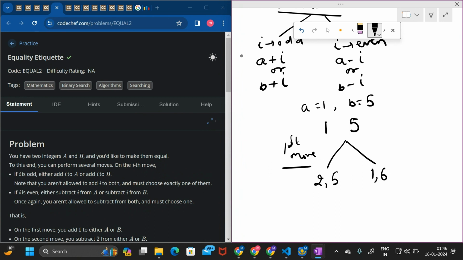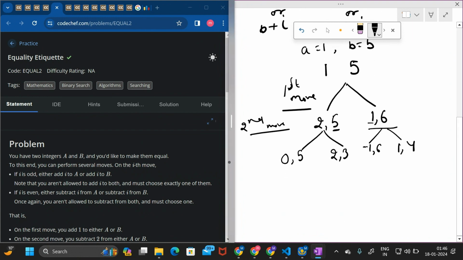Now the second move. Again we have two options for each case. We can subtract 2 from 2 comma 5, giving 0 comma 5, or subtract 2 from 5, giving 2 comma 3. Here we can subtract 2 from 1, giving minus 1 comma 6, and we can subtract 2 from 6, giving 1 comma 4.